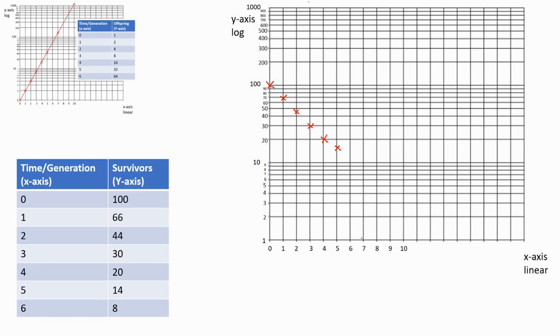And 6 is 8. There's 9, so there's 8. And then yours goes on a little further, but all you have to do after that is put a line through there.